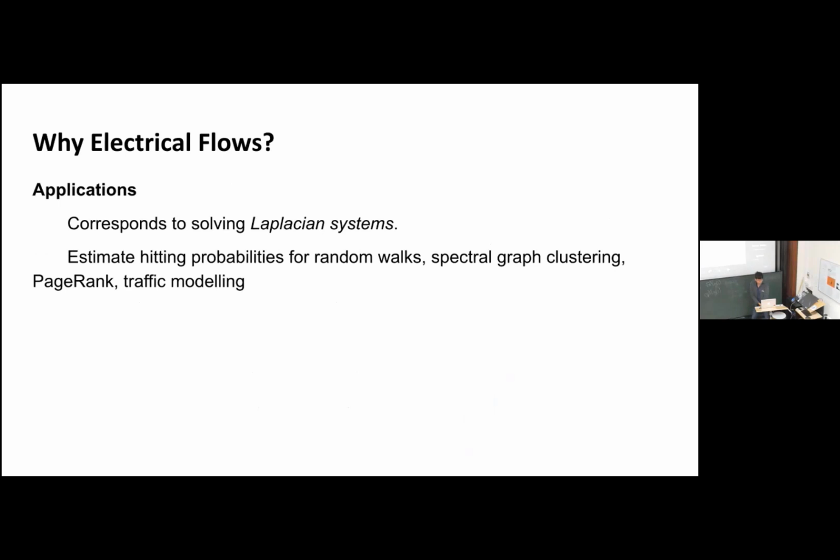As for why electric flows have been studied, they're very natural because they correspond to solving a linear system on the graph called a Laplacian. They can be used to estimate hitting times of random walks, do spectral graph clustering, etc. In particular, the random walk approach or effective resistances also have applications in traffic modeling. We'll use the random walk interpretation later.